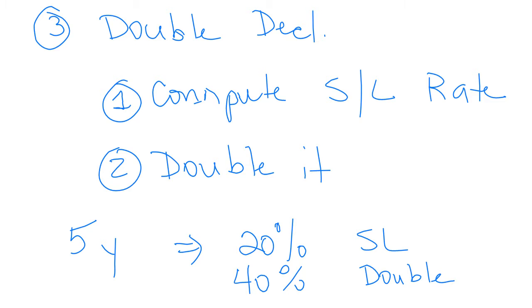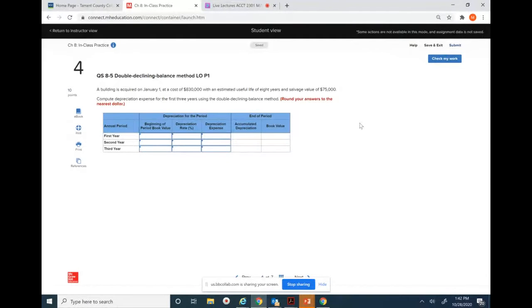So here's my screen again. Let's look at this problem in the practice set. This is the double declining method. And this time the company acquires a building at a cost of $830,000. The estimated useful life is 8 years, and the salvage value is $75,000.